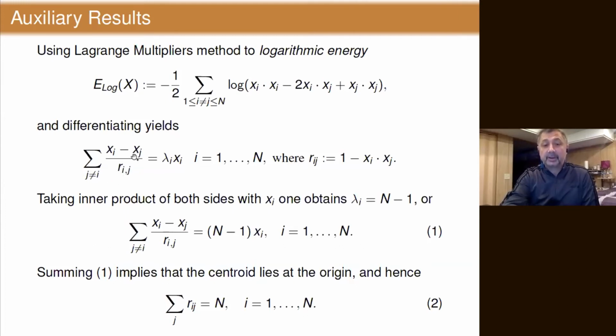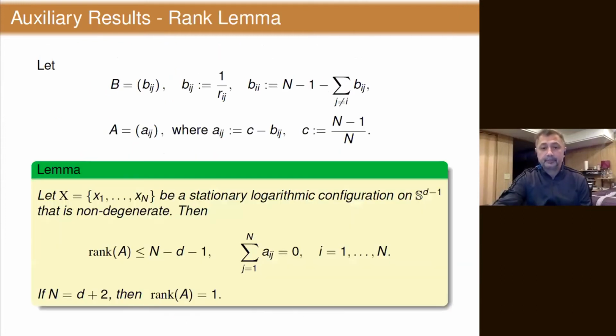So this really adds to n minus 1. And therefore, lambda_i is the same constant. Okay? Then when you sum these up, you end up with the centroid of that system lying at the origin. And we also get that the summation of these values, R_ij over j, will be exactly n.